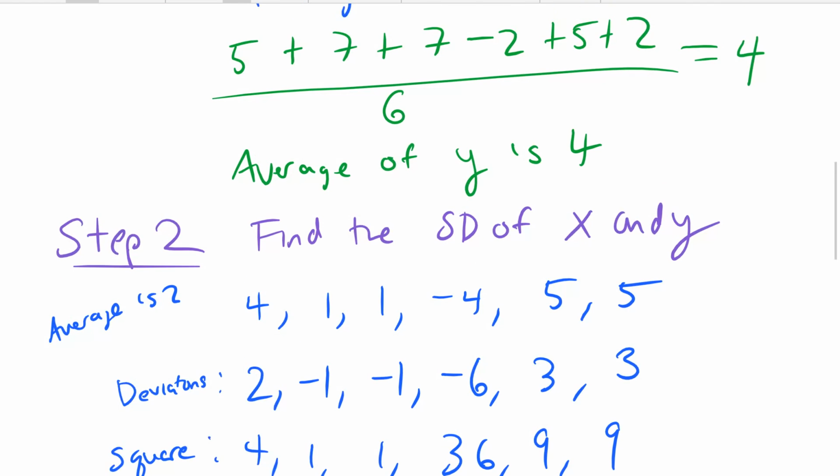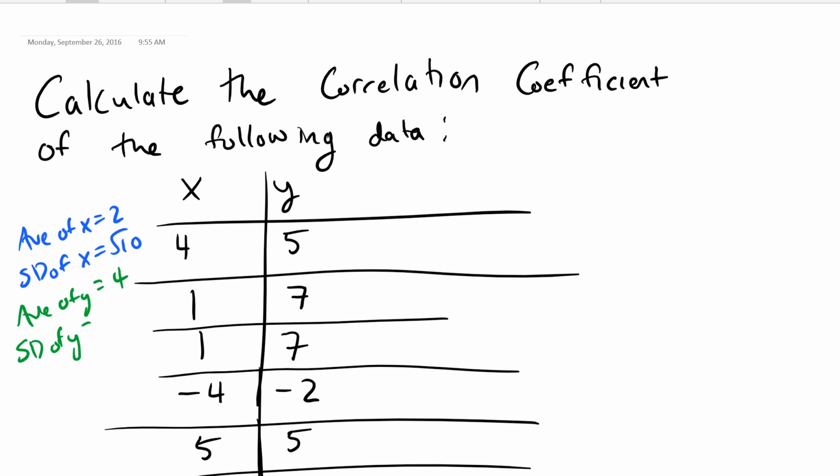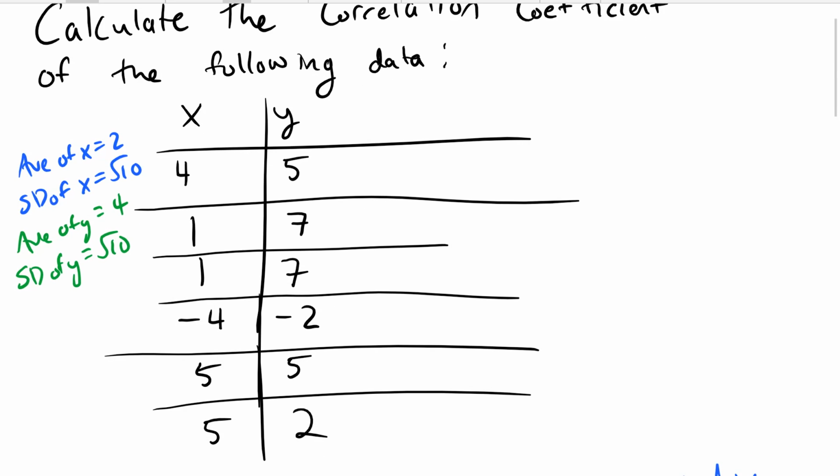So let's summarize the data up at the table. We had the average of x was 2, the standard deviation of x is root 10. We had the average of y is 4, the standard deviation of y is the square root of 10. Now I'm going to create new columns. This will be the standard units of x.